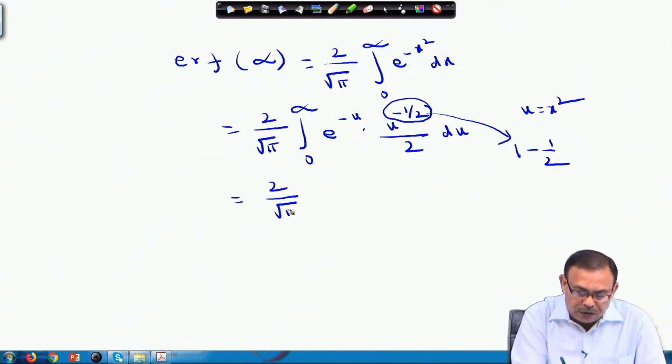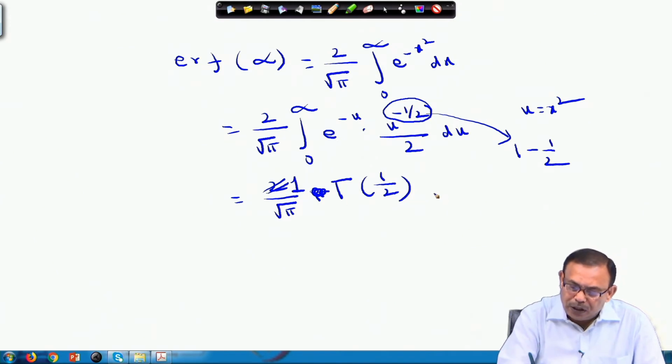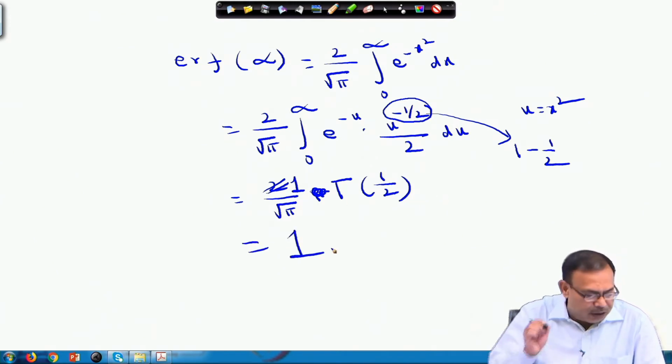So, I can write down 2 by root pi into gamma half, and as you know the value of gamma half is root pi. So, this 2 is being cancelled. So, this will be 1 by root pi into gamma half, and gamma half is root pi, so that the value you will obtain is 1.